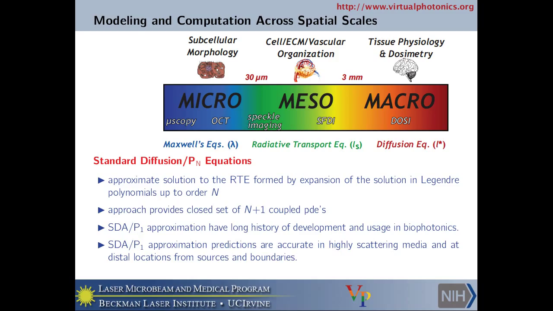And Legendre polynomials express spherical harmonics. They allow you to represent any function that lies on the unit sphere to arbitrary precision, as long as you're willing to expand this series out to order n.